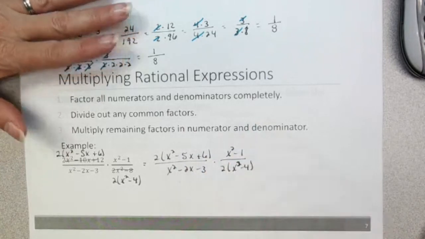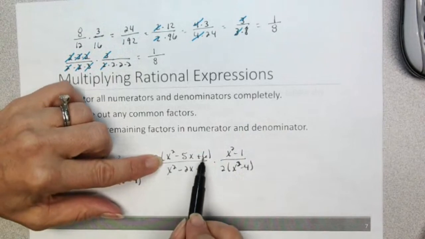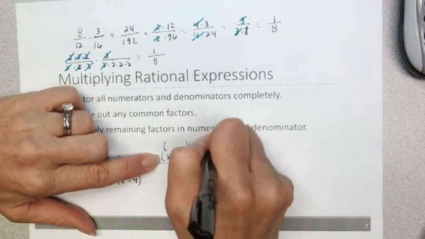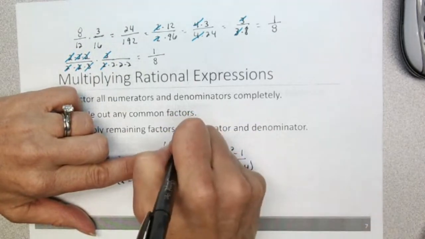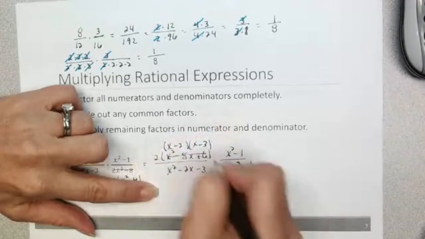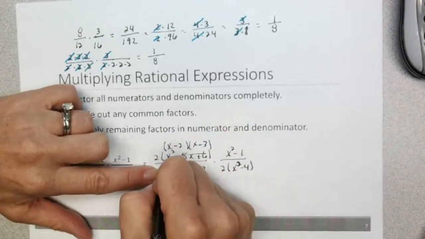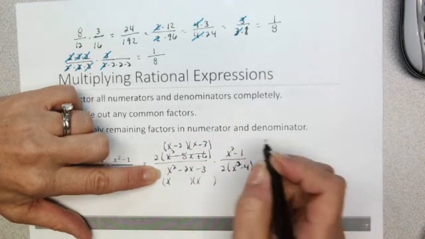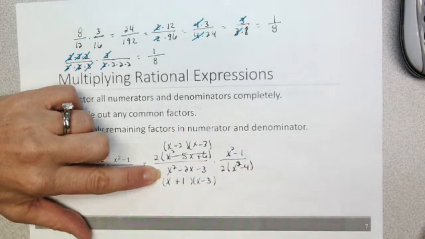All right, let's continue factoring here. I have this trinomial x squared minus 5x plus 6. That will factor into x minus 2 times x minus 3. The denominator of that first rational expression will also factor into x plus 1 times x minus 3.